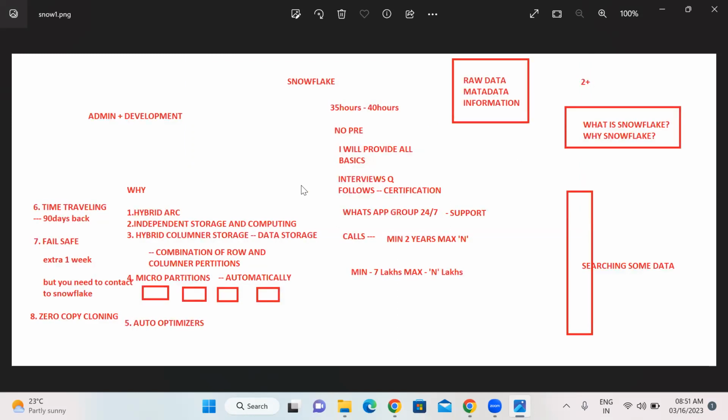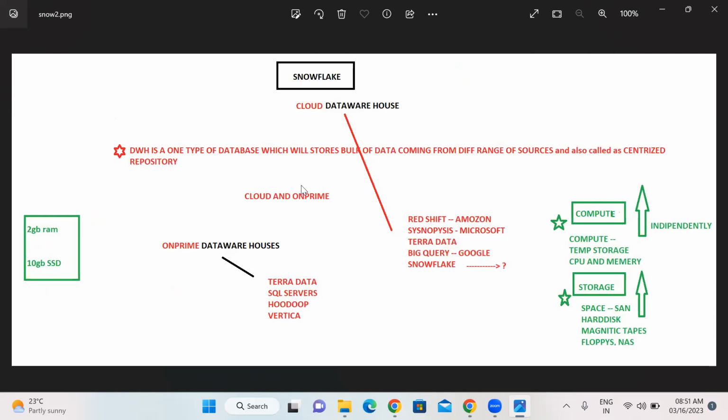Amazon has its own data warehouse product called Redshift. Microsoft has Synapse Analytics. Teradata also has a cloud. Google has BigQuery, and then there is Snowflake.